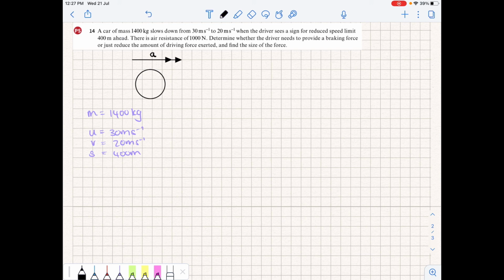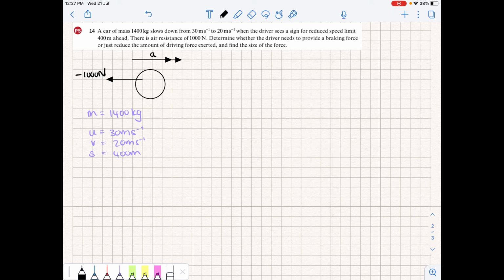And coming up to my diagram, I'm going to draw in my air resistance, which is 1,000 newtons. Right? I'm setting the direction as the direction the car is traveling. Air resistance is working against, so this will be a negative 1,000 newtons of force.